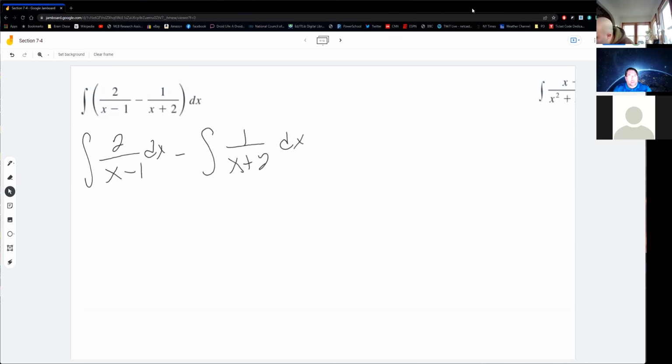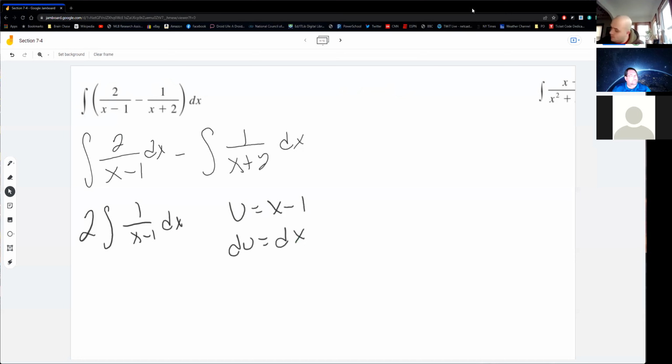So what that allows me to do is just to do that simple integration. So the first thing is I can take out that 2. So now I have just 1 over x minus 1 dx. Let's just look at that first one first. If I just do a simple u substitution and make u x minus 1, du is just dx, right?